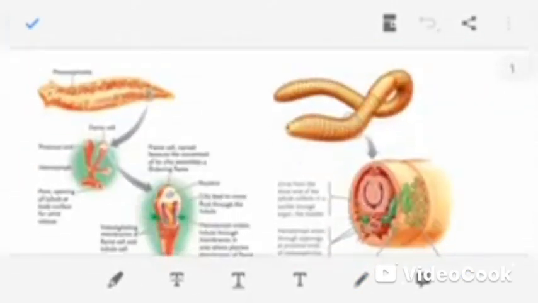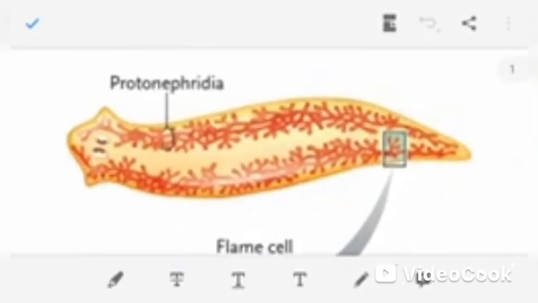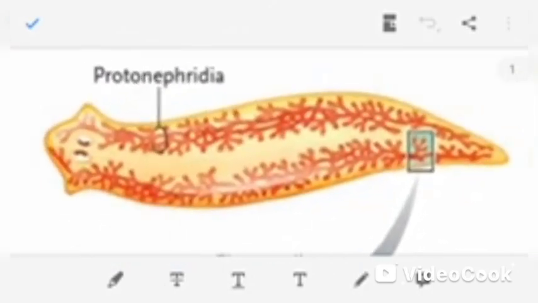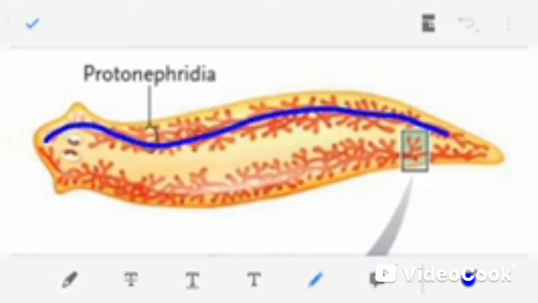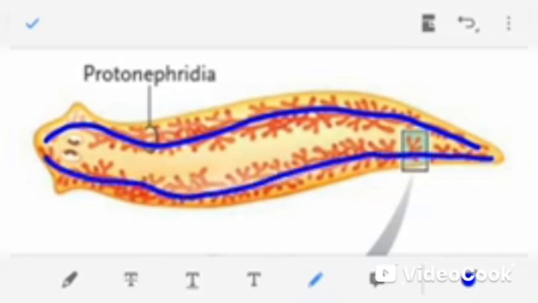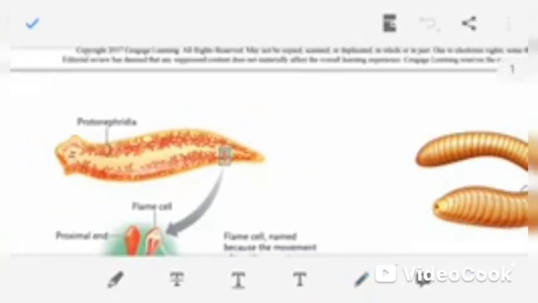In the figure, let me show you this. This is the body of Dugesia, and along the entire length of the body, as you can see, this one and this one, these two are the protonephridia.